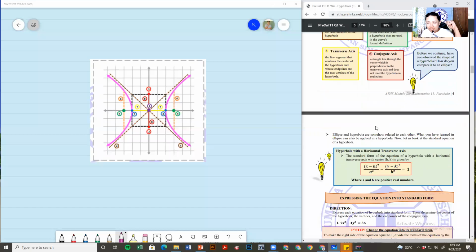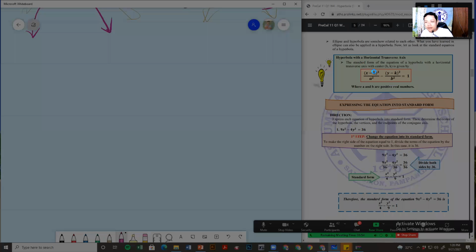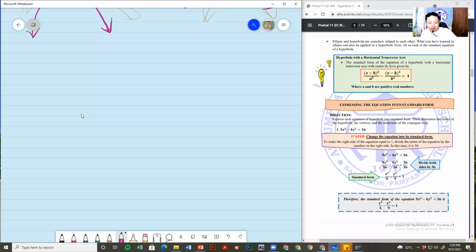Let's now move on with the real drama. And you already know this. You already know this. I already explained this to you earlier. The standard form of hyperbola with horizontal transverse axis.